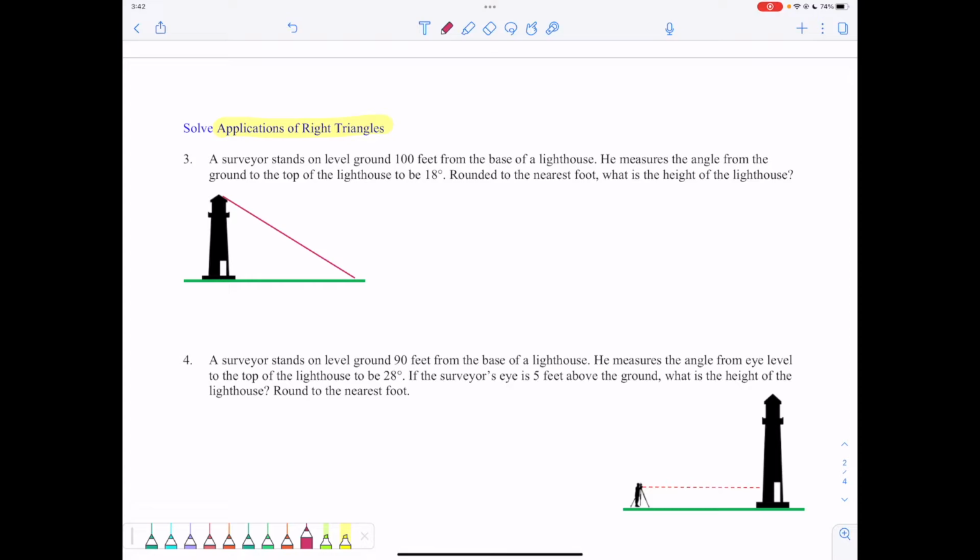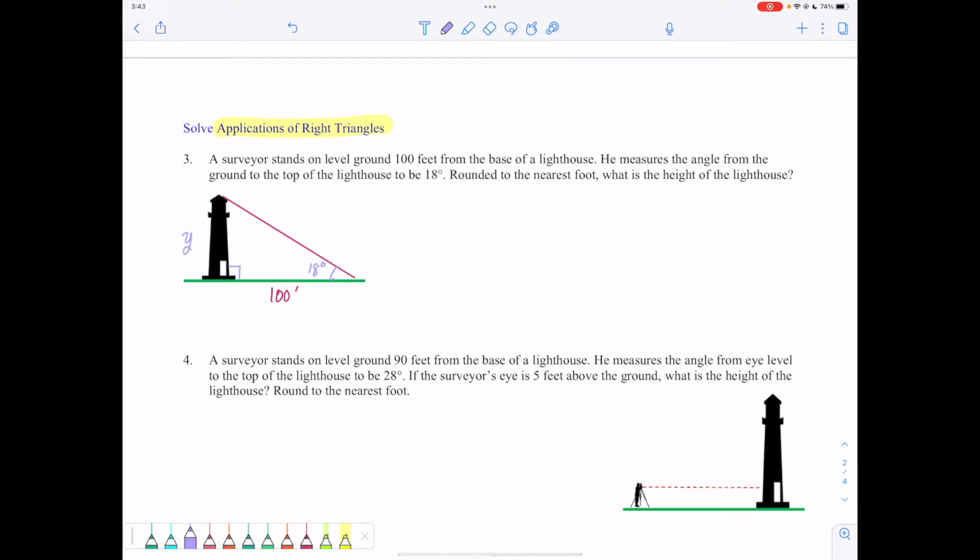And we have 100 feet. He measures the angle from the ground to the top of the lighthouse to be 18 degrees. Rounded to the nearest foot, what is the height of the lighthouse?